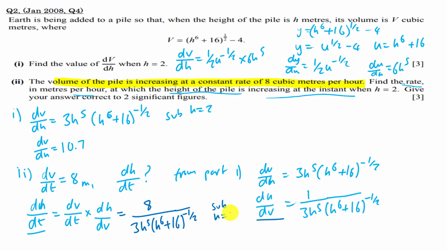Sub h equals 2 into the formula, and let me know what you get. I've got 0.75 for two figures. And that is perfect. So dh dt equals 0.75, and yeah, that is what it is.